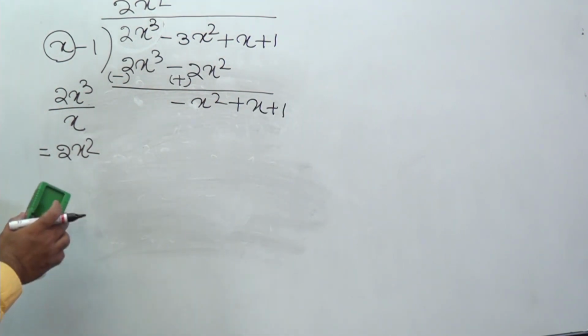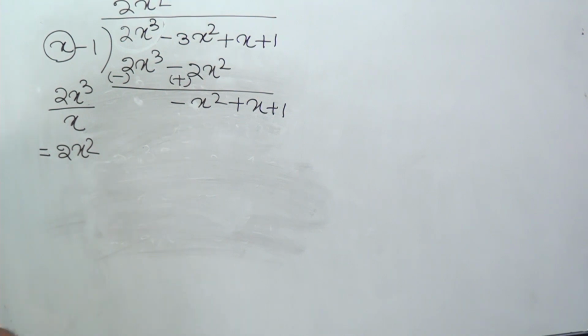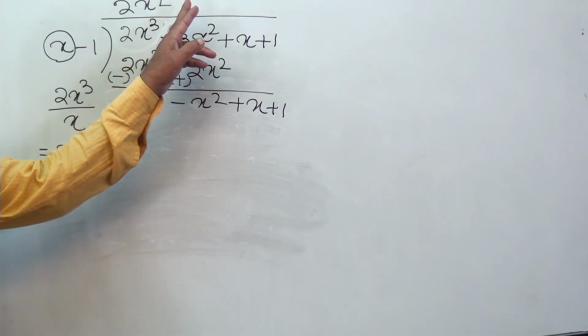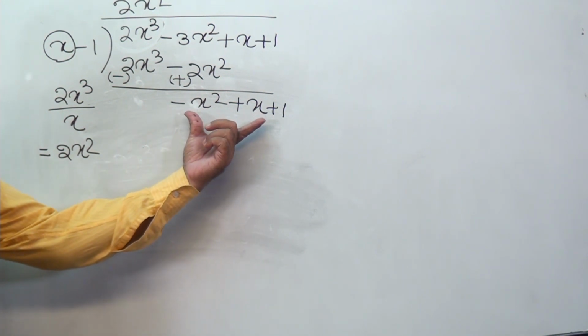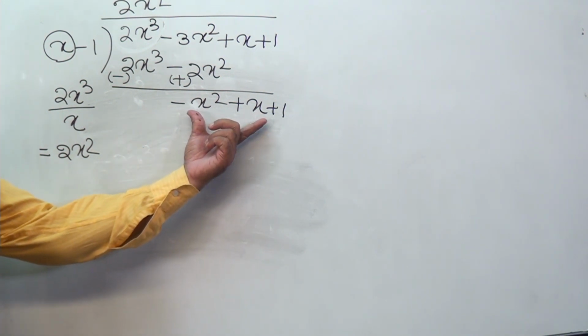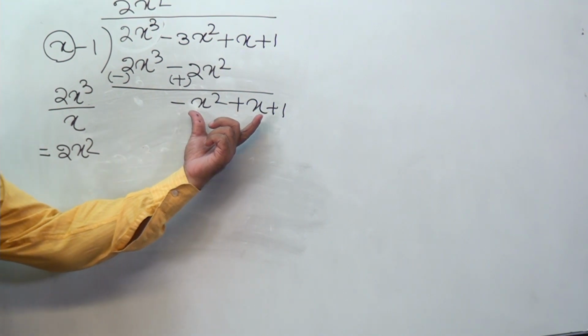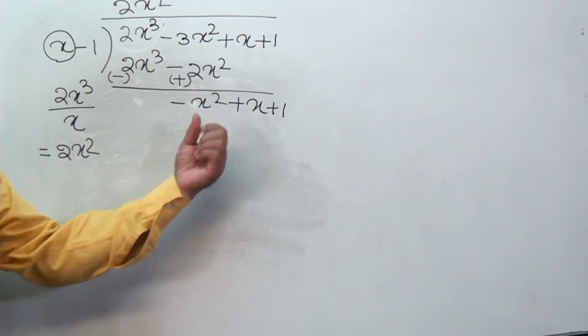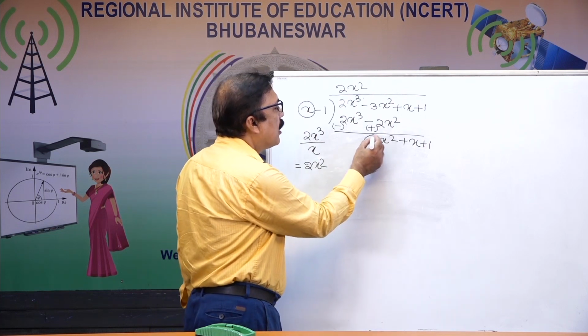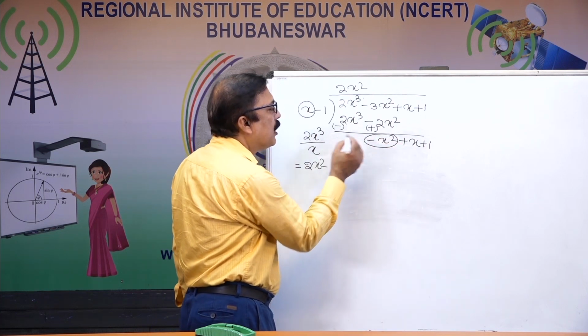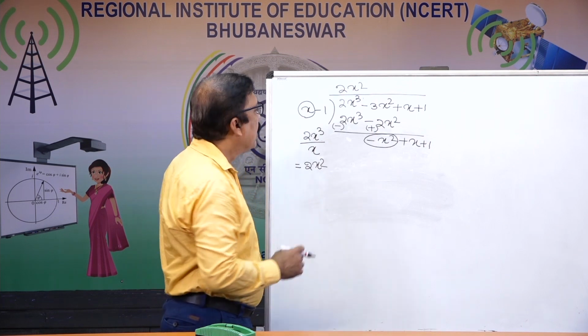Now to find the second term of the coefficient, we have to consider this remainder as the new dividend. So to get the second term, consider the first term of the new dividend.